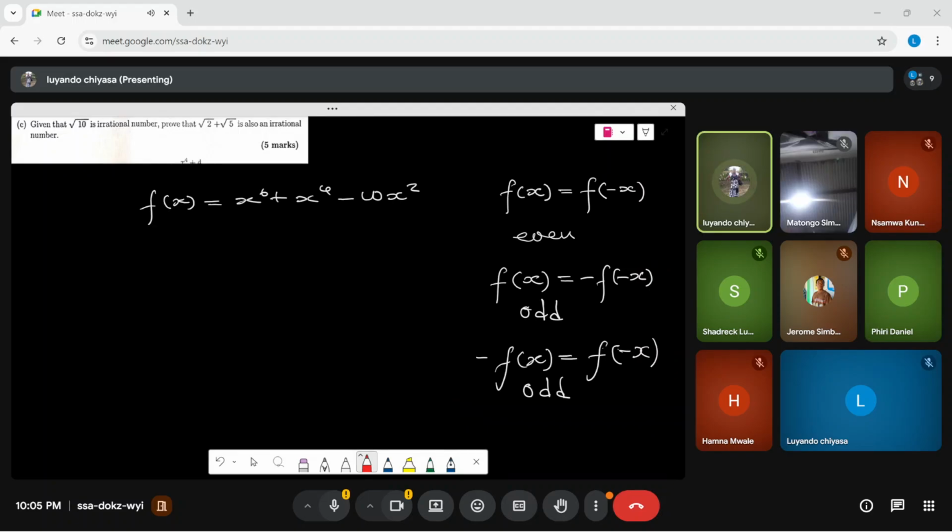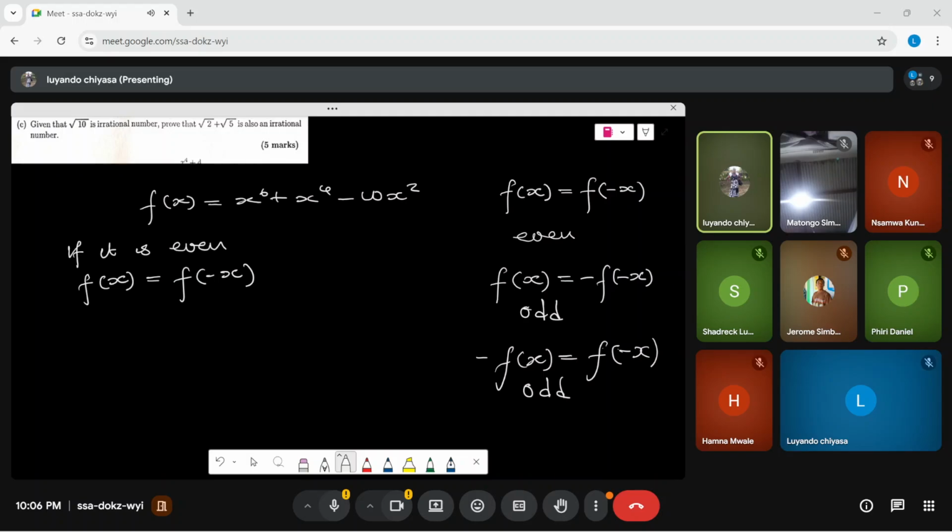So with that, we can try to determine if this function is odd, even, or neither. Let's check if it is even. If it is even, f of x will be equal to f of negative x.